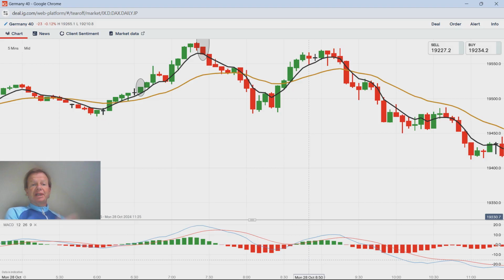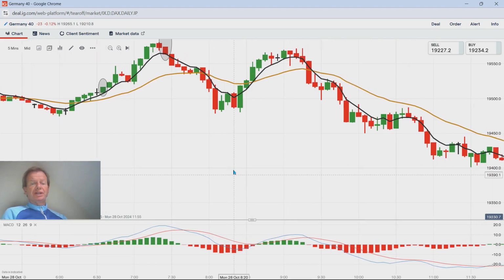Coming up to that period of time, the market's never particularly stable or normal, because everybody's anticipating these reports coming out, certainly the budget here in the UK and non-farm payrolls. There's a lot going on, so I decided to trade the Germany 40, which is the DAX.